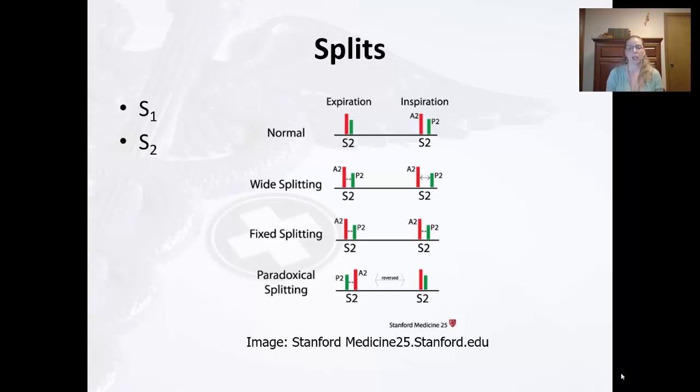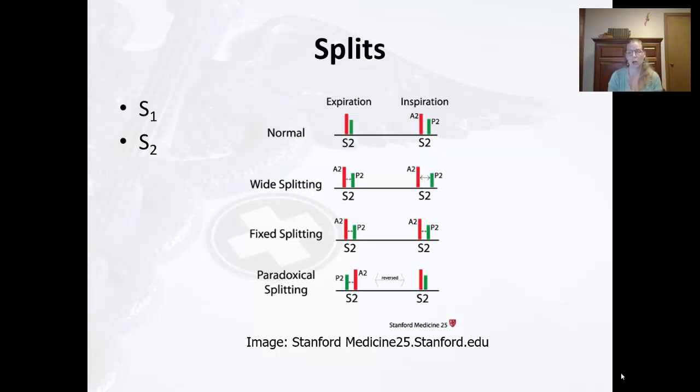A fixed split is when the delay in those 2 sounds is the same, whether you're listening to the inhalation or the exhalation. And a paradoxical split is when you only hear one S2 sound during inhalation, but you hear 2 during exhalation, called paradoxical because it's the reverse of what we're normally supposed to hear.